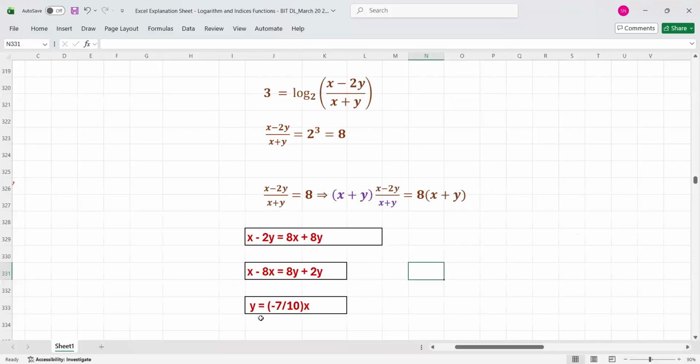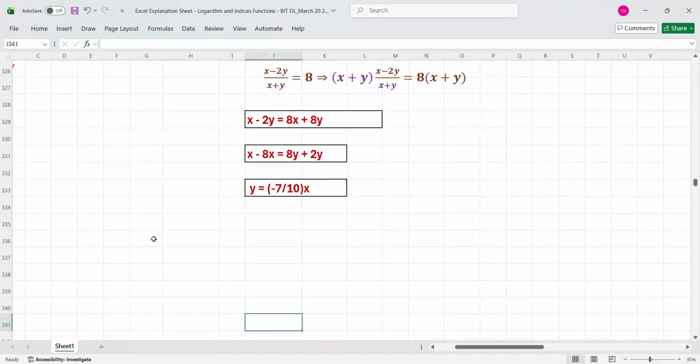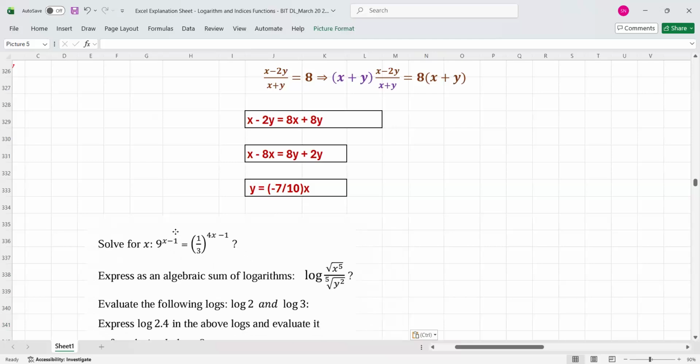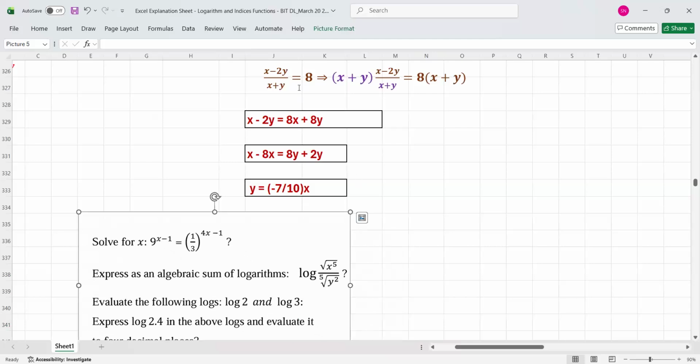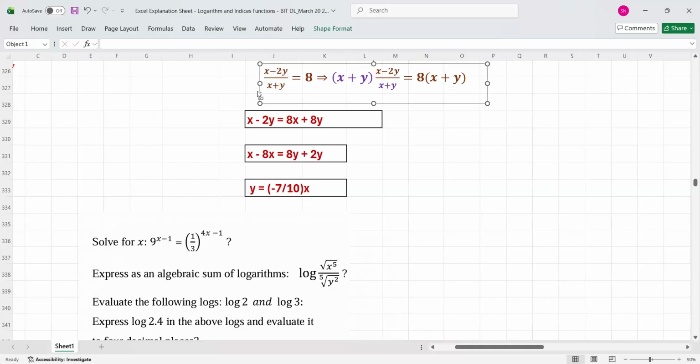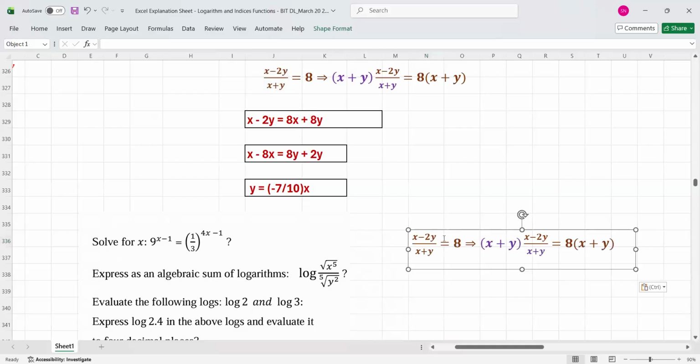Okay, so if I place this here, this is the question. The question says that we have 9 raised to the power x minus 1, and we want to solve for x. I want to try and write the equation here. So I have 9 raised to the power x minus 1, and all this being equal to, I need a bracket.